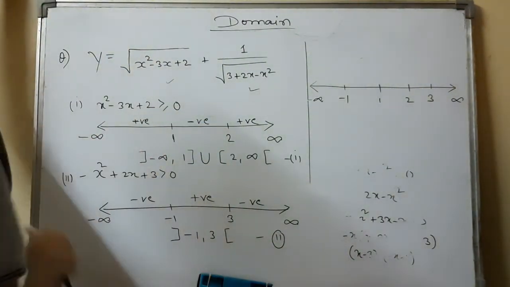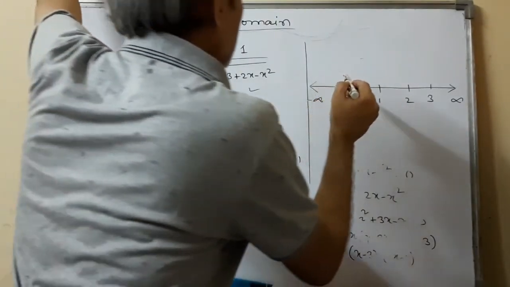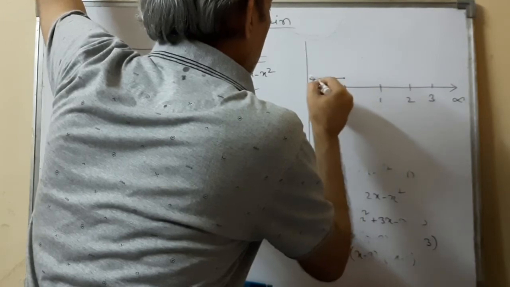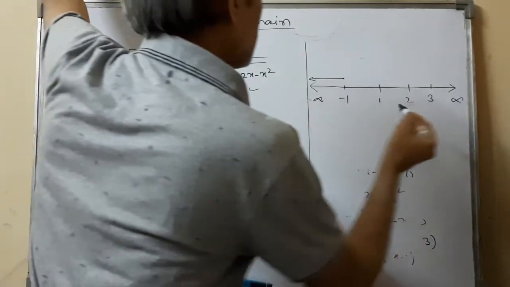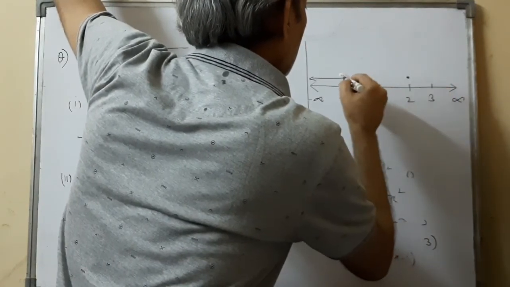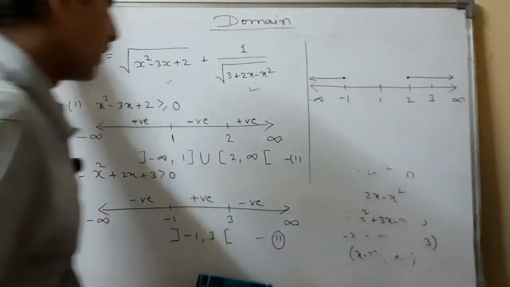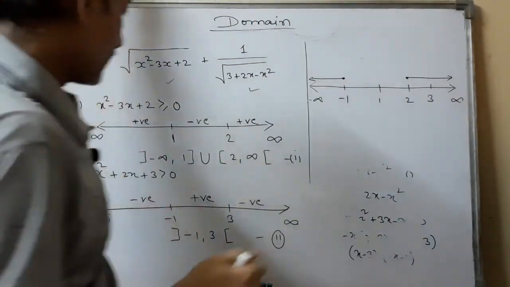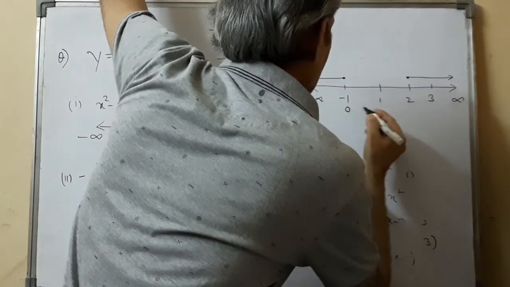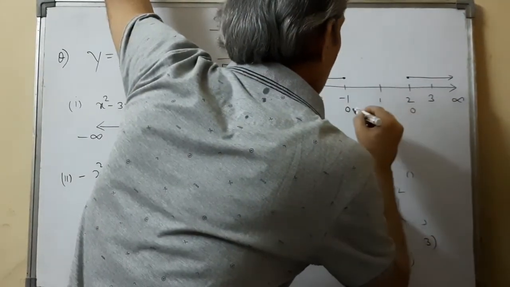Now in this case we are in this part, this as well as this, from 2 to infinity including 2. So I am dotting it, it is an included point. From this we get from minus 1 to 3, which we leave blank since minus 1 and 3 are not included.